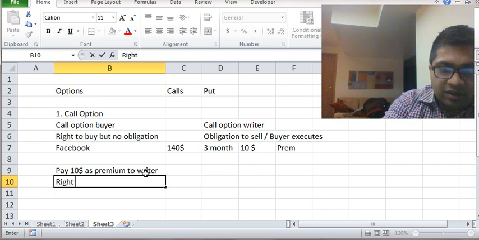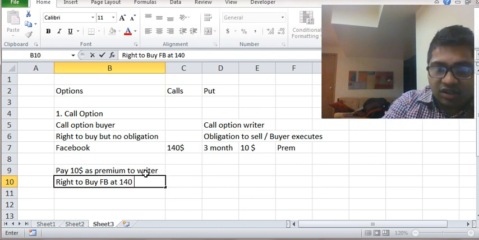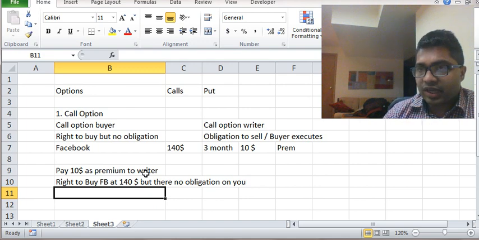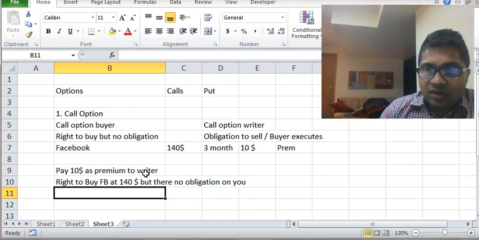You get the right to buy Facebook stock at $140 any time in 3 months, but there is no obligation on you. No one can force you to buy it. If you want, you can, otherwise you can just let it go. So after paying premium you get this.